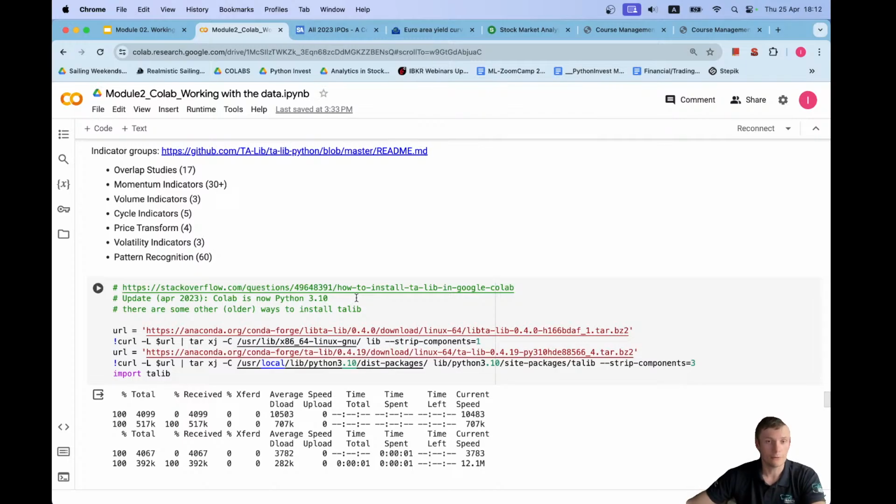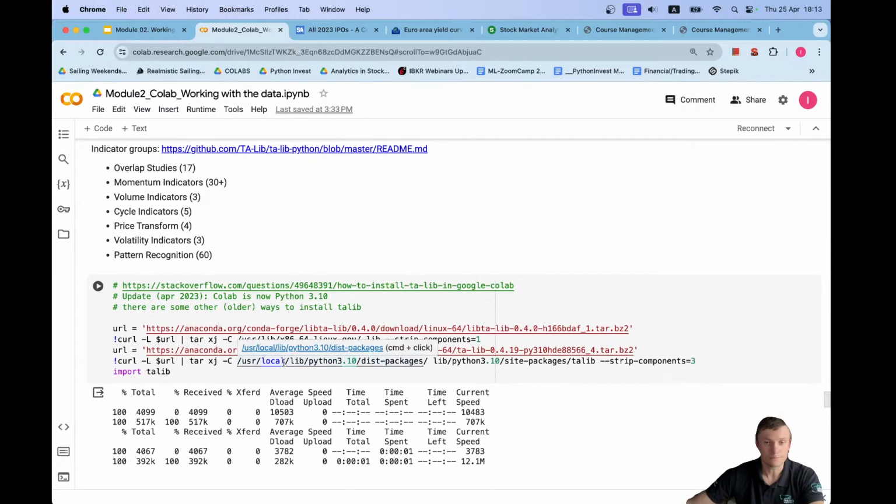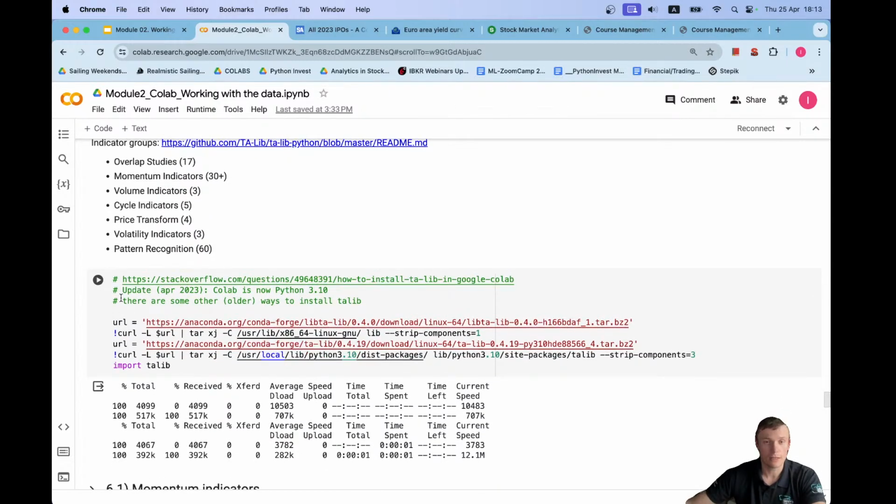The way you do this, you import the TA-Lib library. There are some caveats of importing it properly, and you need to run this code. You can read on Stack Overflow. If you're doing it locally on VS Code, you may need to write a bash script or to import it and run this code once to make it work, but after you do it once, it works forever.